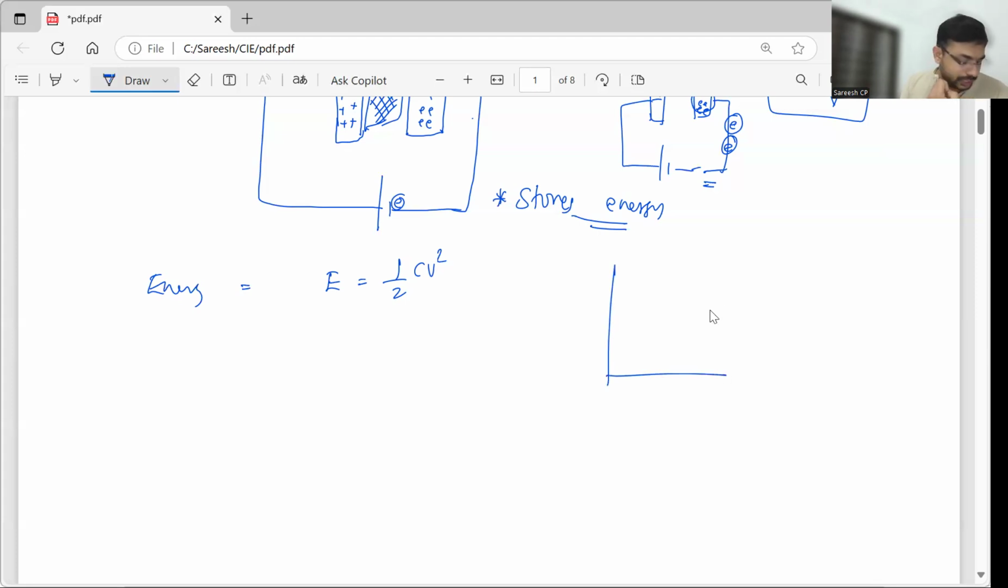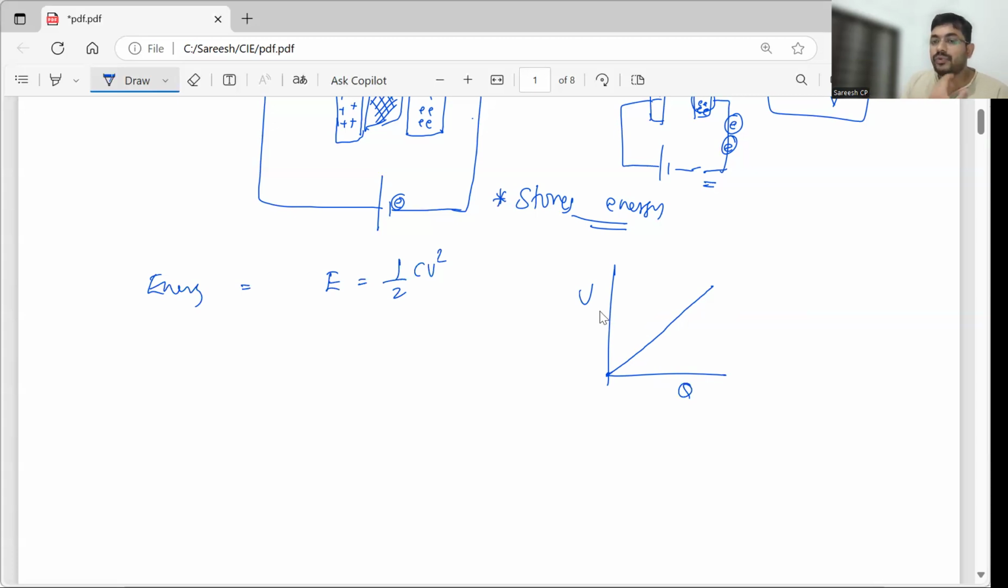If you have a voltage versus charge graph, initially when the charge is zero, there will be a particular voltage. But as the voltage increases, charge will also increase. So the voltage is not constant. As it is getting charged, we need to increase the voltage.